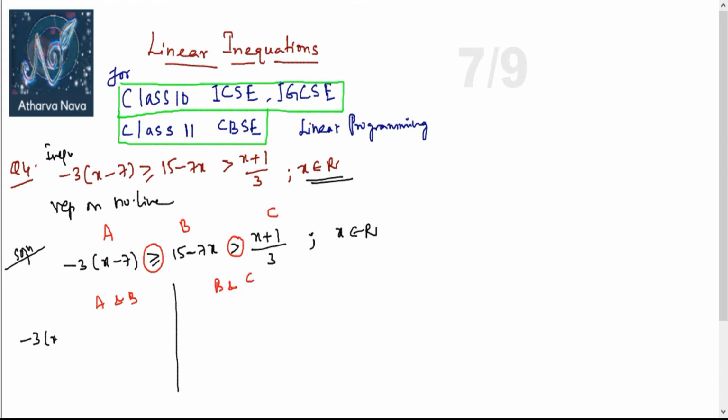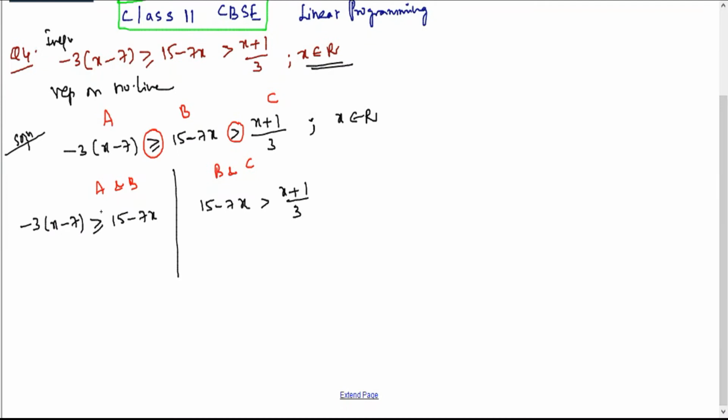Minus 3 times (x minus 7) greater than or equal to 15 minus 7x, and here you have 15 minus 7x greater than (x plus 1)/3. Solving part is the same as any equation you've solved all these years.